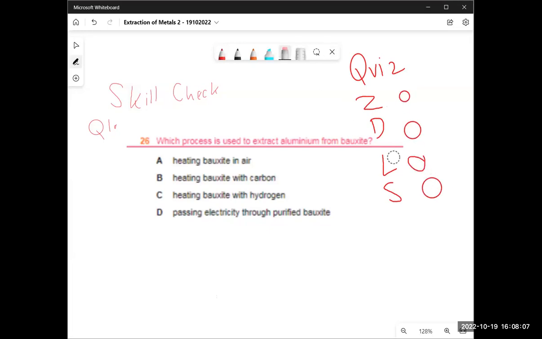Now usually Safa is on top. Zahra said D. That's Zahra's answer. Anyone else? Which of these are correct? Tell me the answer.